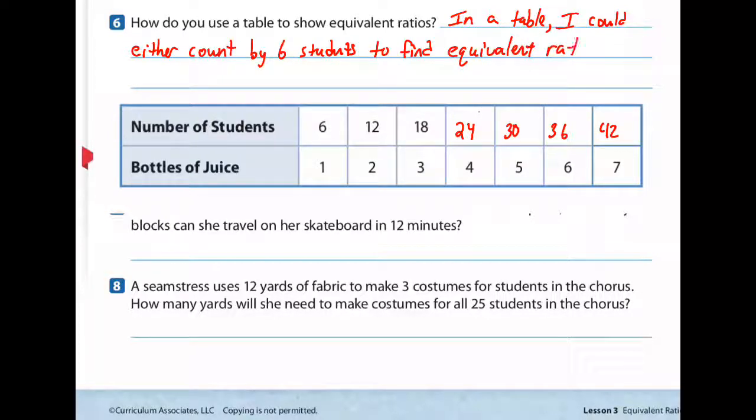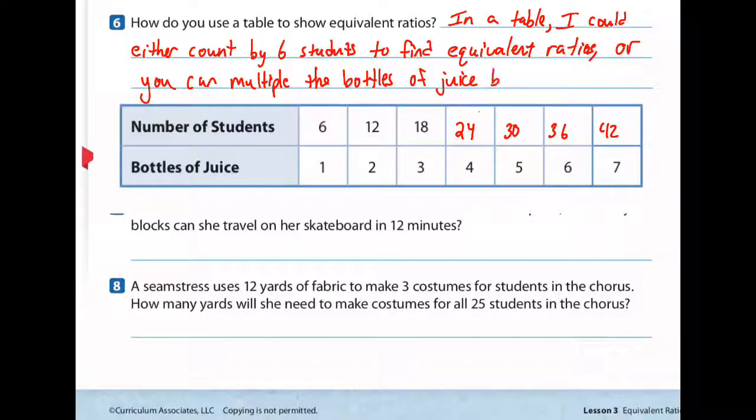or you can multiply the bottles of juice by 6. So remember, if you didn't have my answer, no one's going to have my answer, right?